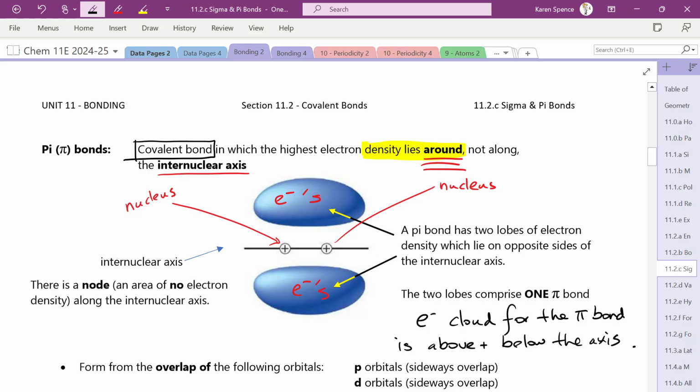Yes. These two lobes make up one bond. These two lobes together are only one pi bond.